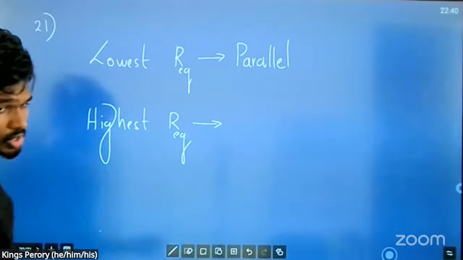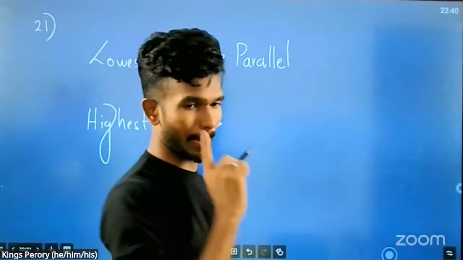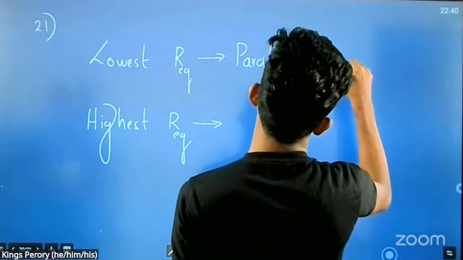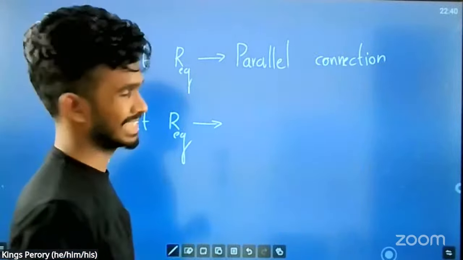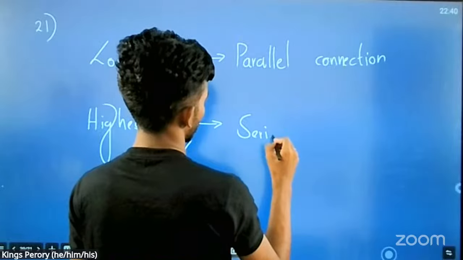Just guess and tell me. Lowest is parallel connection. Highest should be series connection.